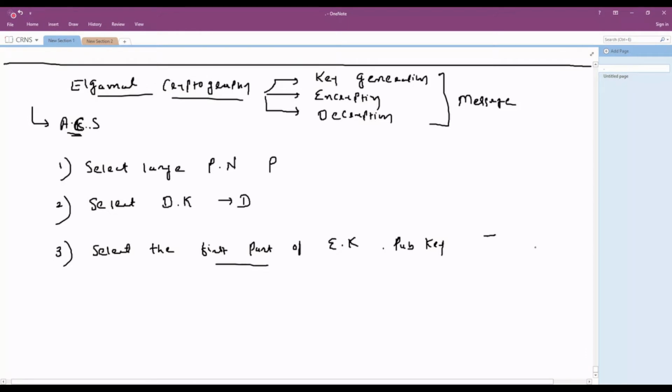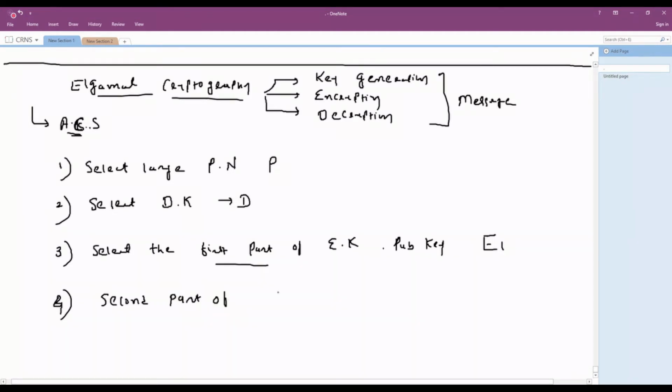So I will be using the pairs. E1 is a key, encryption key, that is the first part of the key. Okay, so I will be, sorry, the fourth step, I will be having E1 and E2 in this case. Okay, so it's a part of the key. Then I need to select the second part of the encryption key. Select, not select, but we need to calculate, okay?